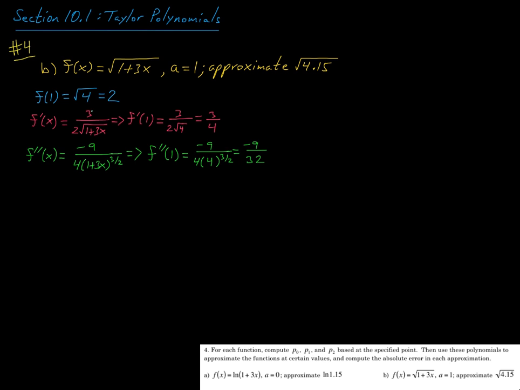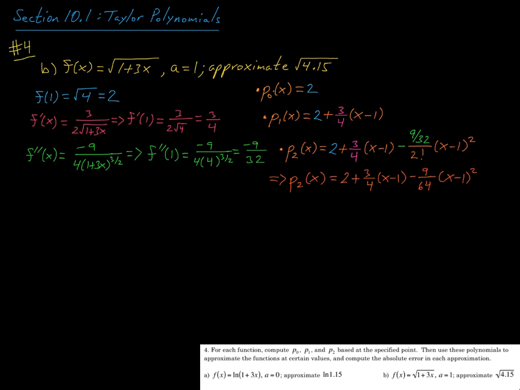f double prime of x, well, if I differentiate this expression for f prime, I get negative 9 over 4 times 1 plus 3x to the 3/2 power. And so that implies that f double prime of 1 is negative 9/32. Okay, so then I'm going to use those values to construct our Taylor polynomials. P0 of x, that's just f of 1, which is 2. P1 of x, well, that's f of 1, which is 2, plus f prime of 1, which is 3/4, times x minus 1.